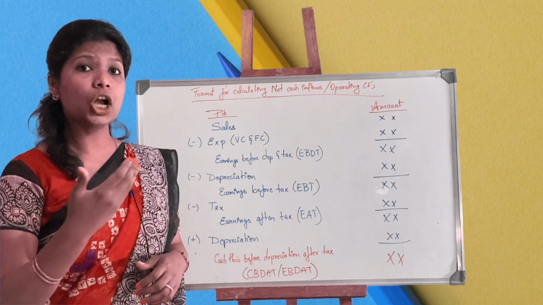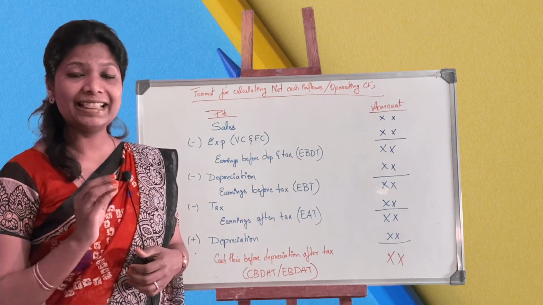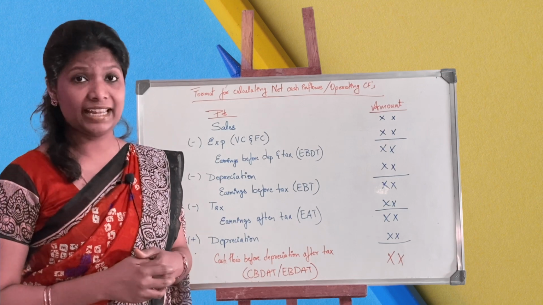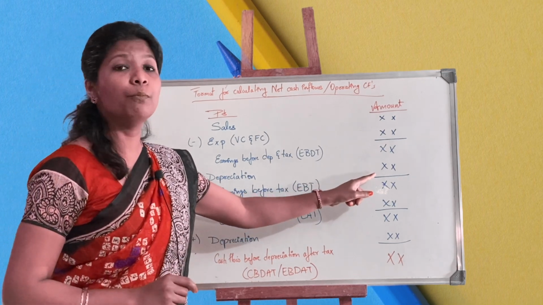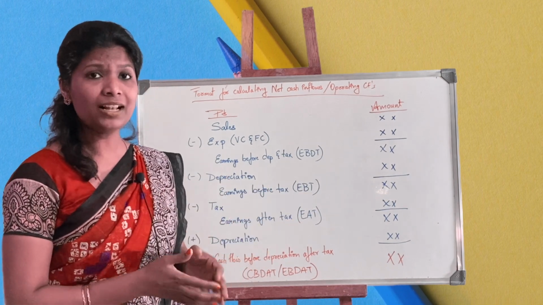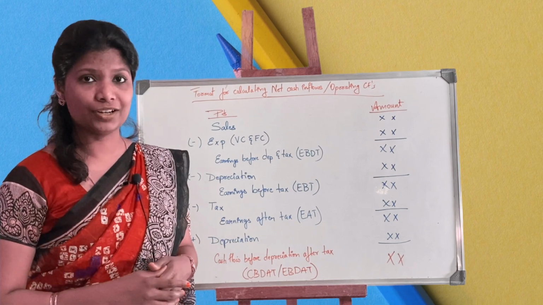Is there a cash outflow of depreciation 5,000? No, there is no physical cash outflow of 5,000 rupees. Instead, there is only a reduction in the value in my books of accounts. So, we commonly call depreciation a non-cash expenditure.